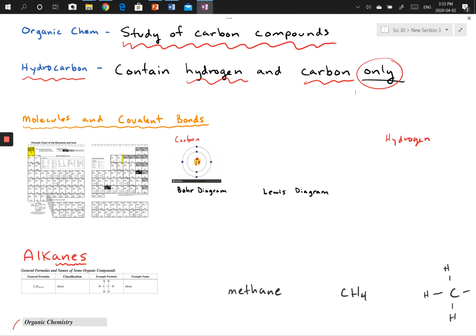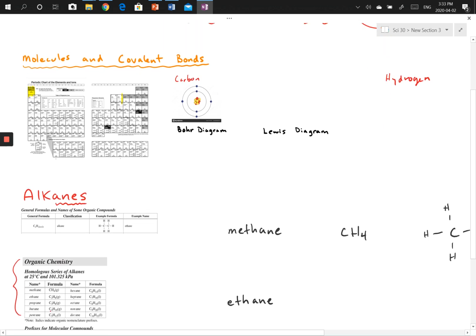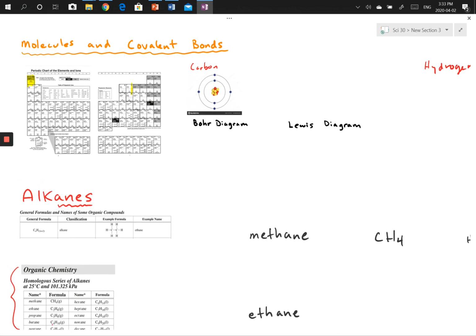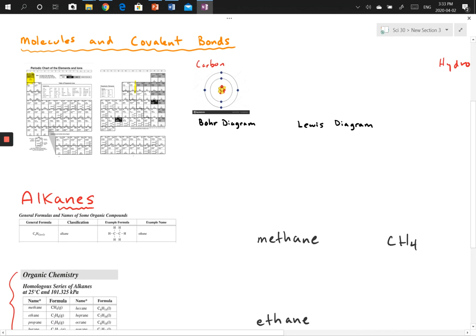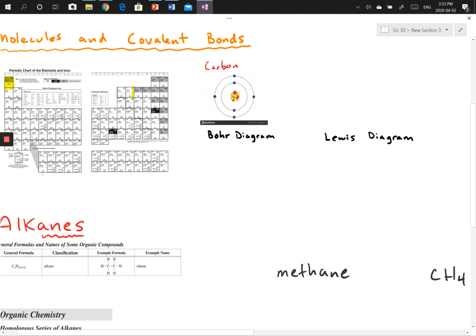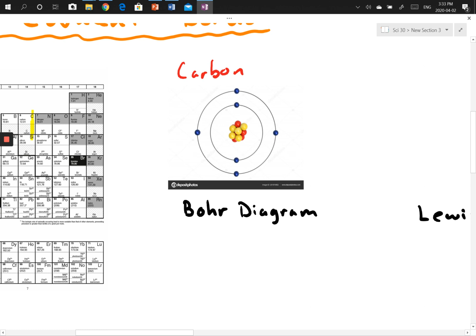Let's take a little look here at carbon and these molecules and kind of what makes carbon special. So when we're looking at a diagram of carbon here, this is a Bohr diagram you guys probably recognize. In the nucleus, carbon, if we look over here, is number 6 on the periodic table.